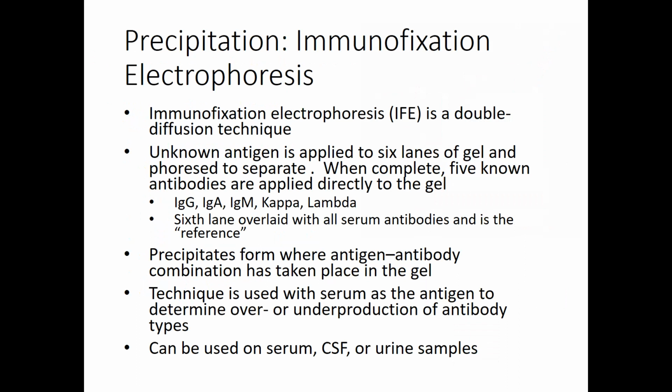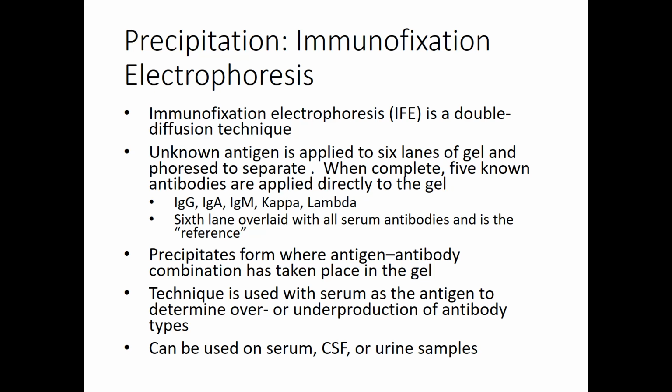So the last reaction that we're talking about for electrophoresis right now is immunofixation electrophoresis. This process has really become the standard now. Most of the other techniques are not in use at the same level as immunofixation electrophoresis is now.